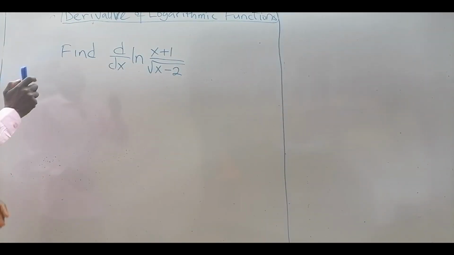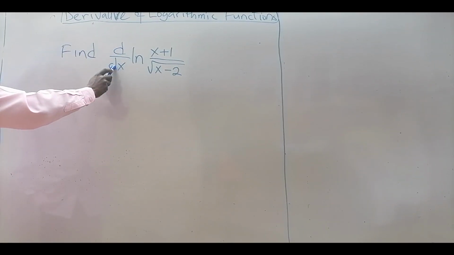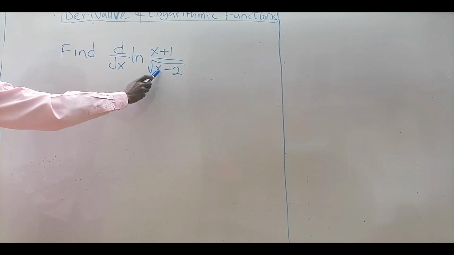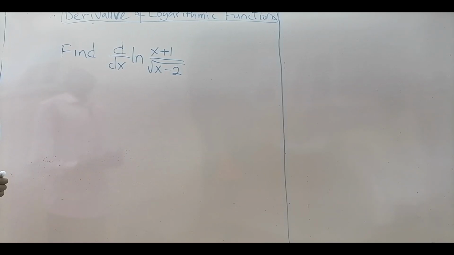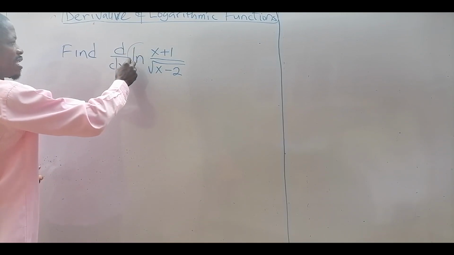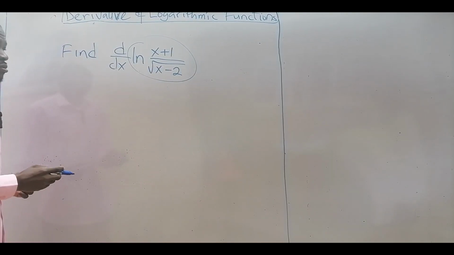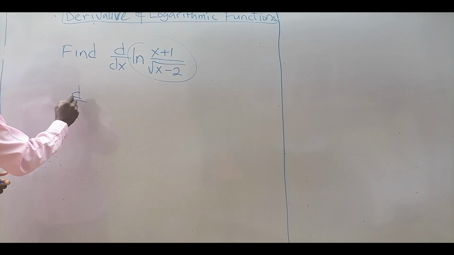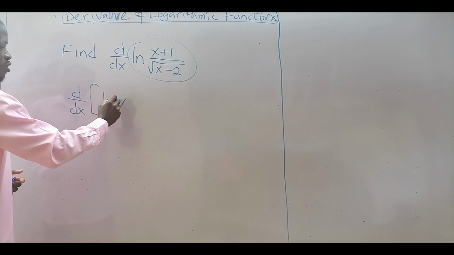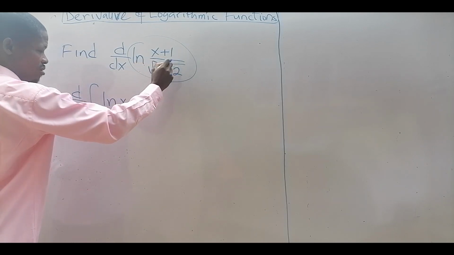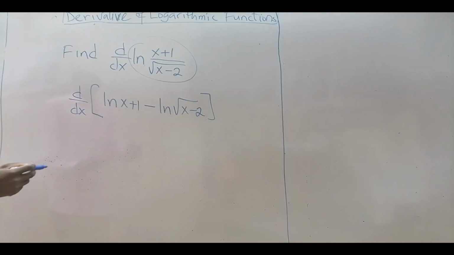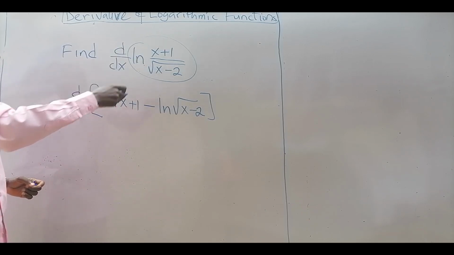Now find d/dx of ln of (x plus 1) all over the square root of (x minus 2). The first thing we do is apply the rules of logarithm for the quotient function.